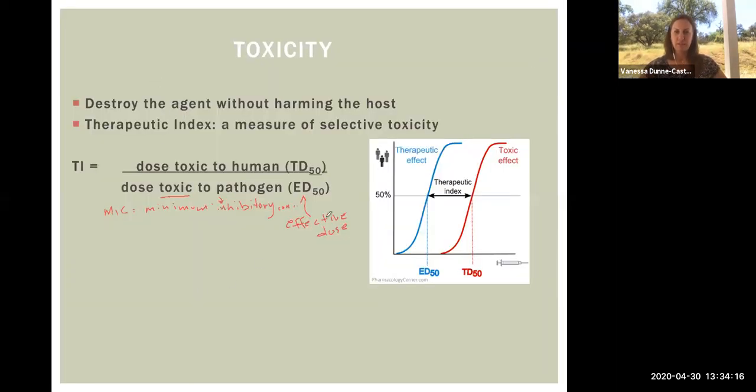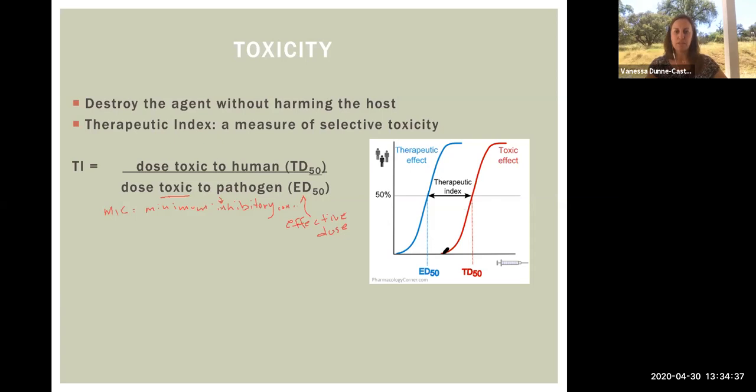So the graph in red would be something that from a clinical trial or from case studies in humans, the toxicity of that chemotherapeutic agent to humans would be established. So this is the toxic effect on the human population, not the therapeutic effect against the disease or the pathogen, but the toxic effects on the human.